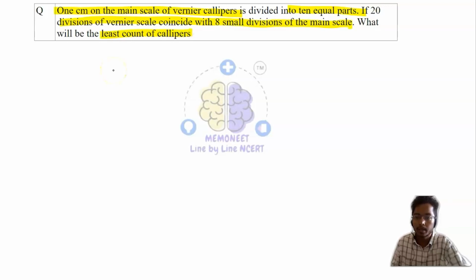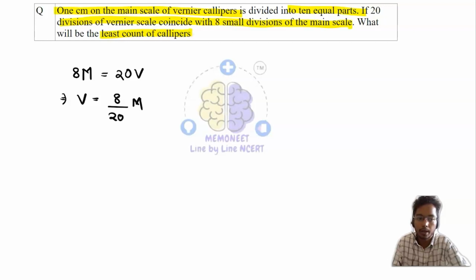It tells that there are 8 small divisions of main scale, that is 8 into m, we can write, equal to 20 divisions of the vernier scale, as they are coinciding. It is 20 into v. So we can write that vernier scale is equal to 8 upon 20 main scale division.